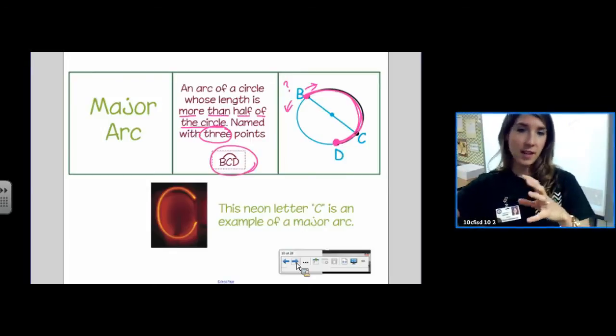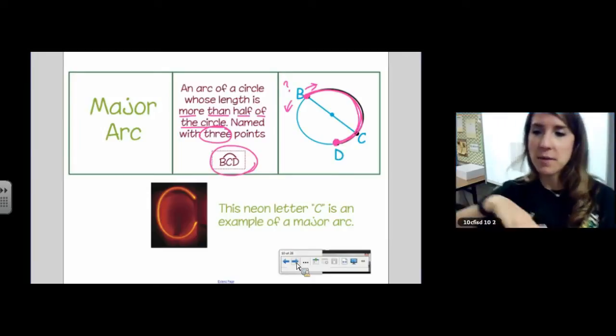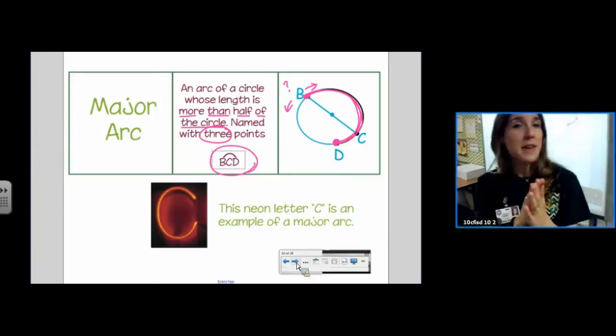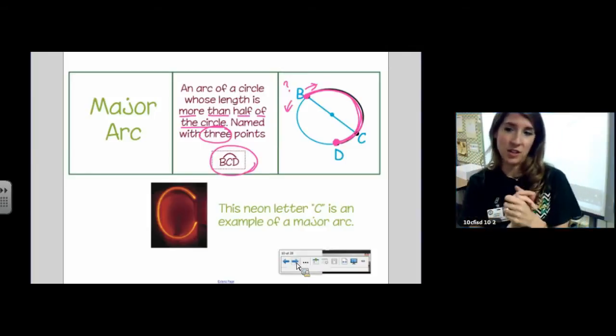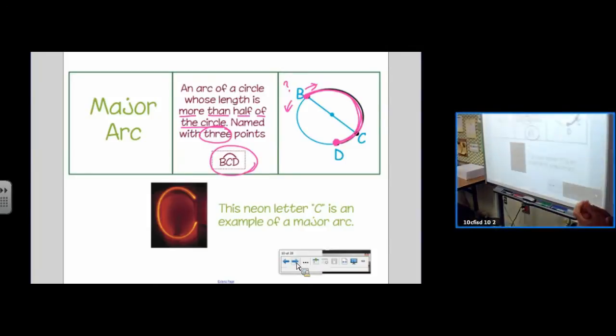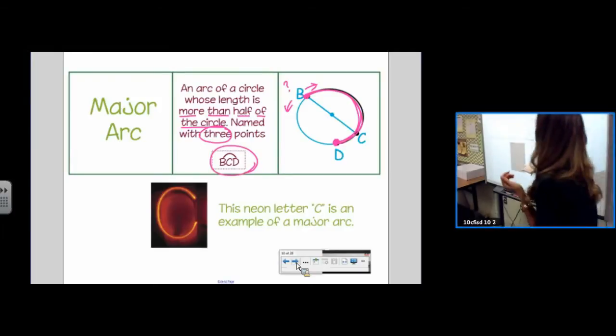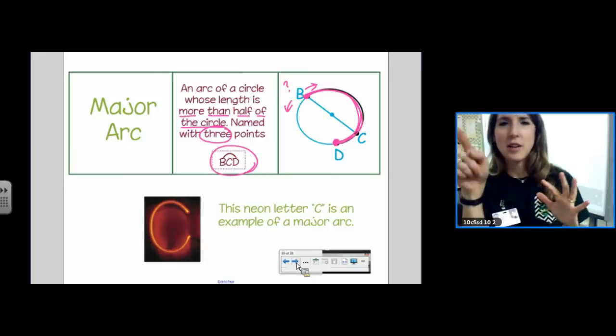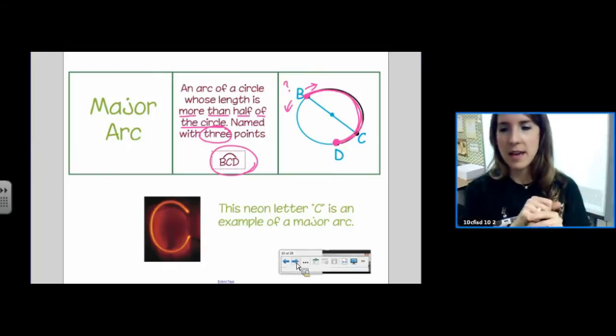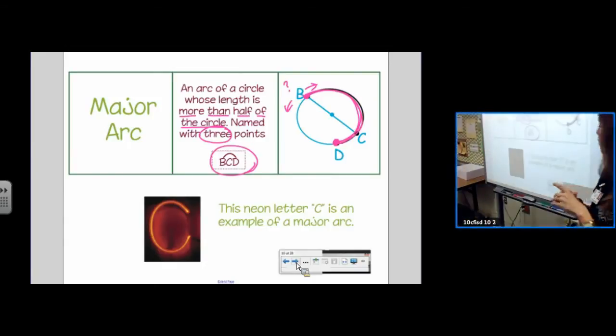So that's kind of like, I want to start at B, I want to end at D, but I want to make sure I go through C because I'm really hungry and I want to get lunch. A very good example of a major arc is the letter C. To do a good letter C, you need to go more than halfway around the circle, making it a perfect major arc.